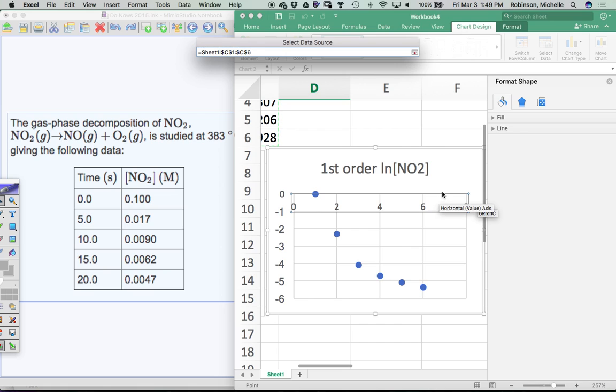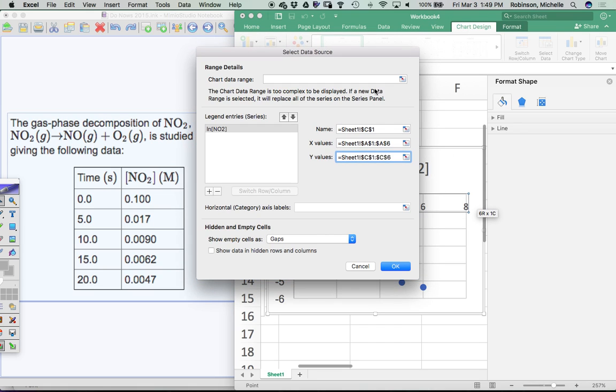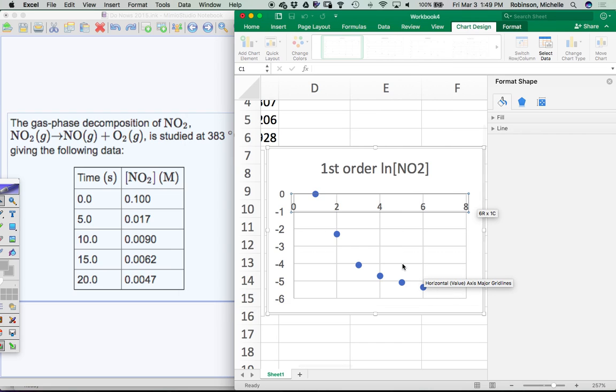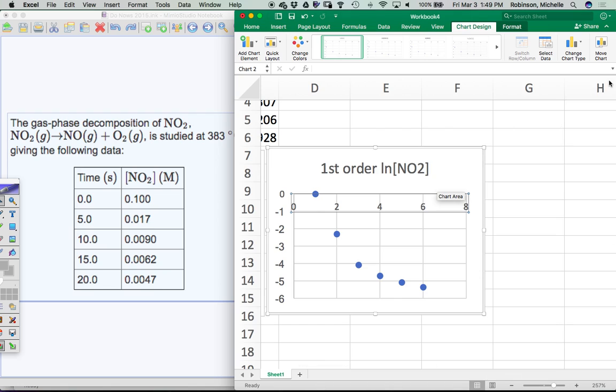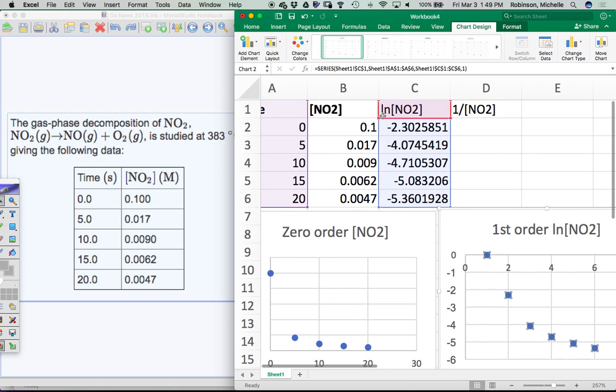It does look like it's flipped funny though, doesn't it? I don't know what it did. Oh, it's trying to plot this nothing up here. You have 6 points. Yeah, it's trying to plot that right there.